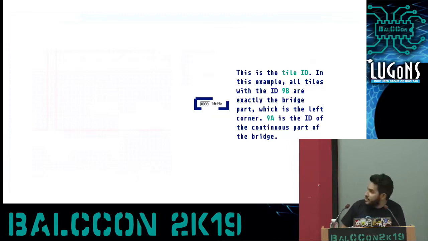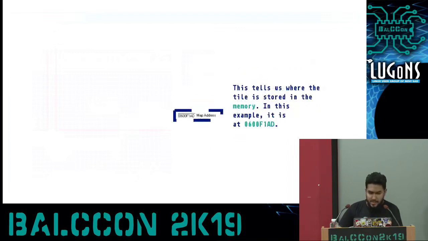In the case of this part of the bridge, the tile ID is 9B, and the continuous part of the bridge is called 9A. And there is another very important piece of information this panel has, which is the address. In our case, it tells that the address for this tile is 0600F1AD.